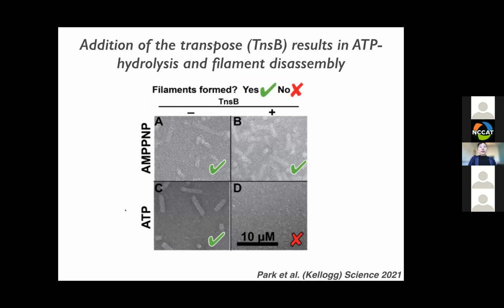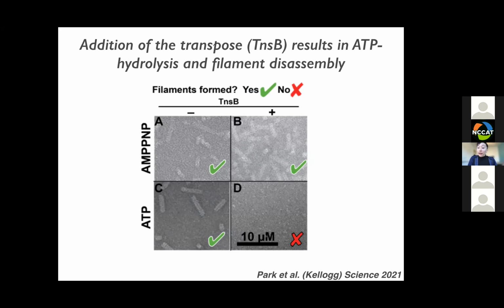So in the presence of ATP, when we formed these TnsC filaments, we saw these really nice white particles. This is negative stain, so your particles will appear white on a black background. And when we added the transposase or the cargo carrier, TnsB, we see that the filaments disappear.